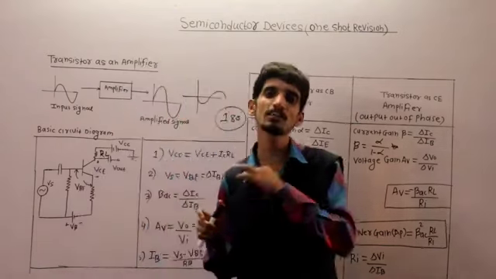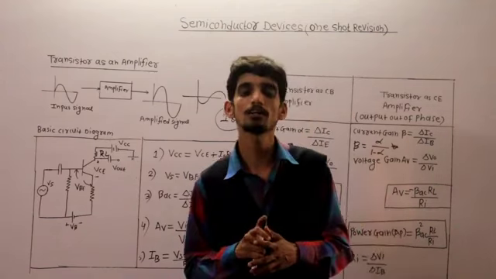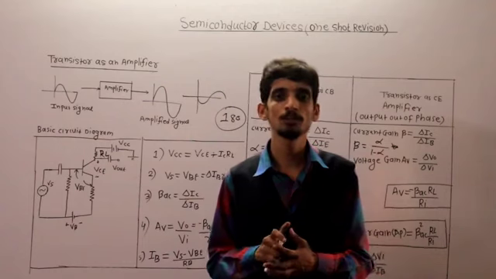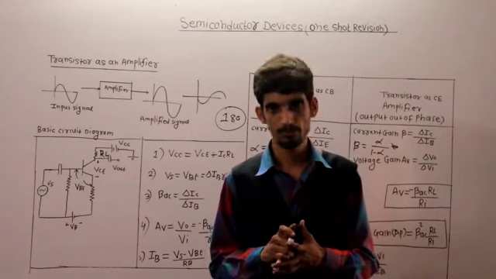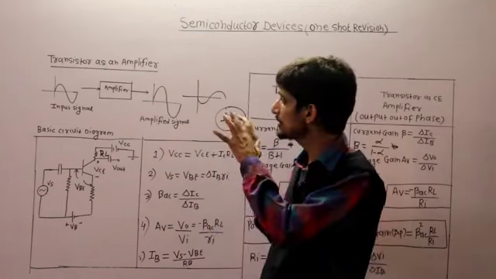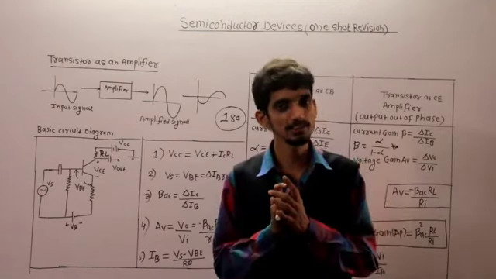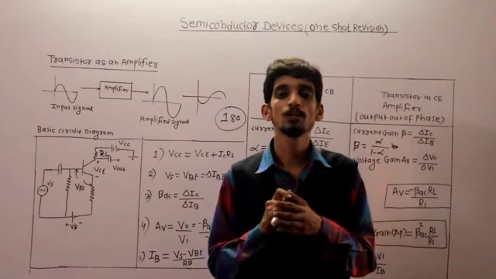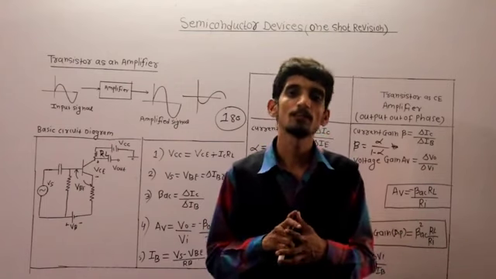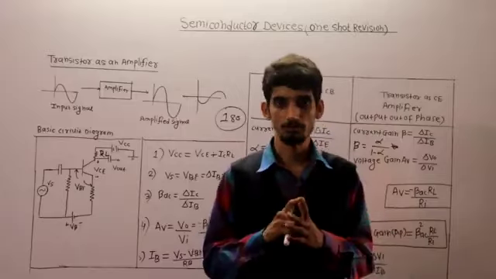And finally the transistor as an amplifier, an important topic from the JEE point of view, from which you may find one question in your paper. Clear? So prepare all these formulas from semiconductor devices so that you can handle every question comfortably without any hesitation. Thank you.